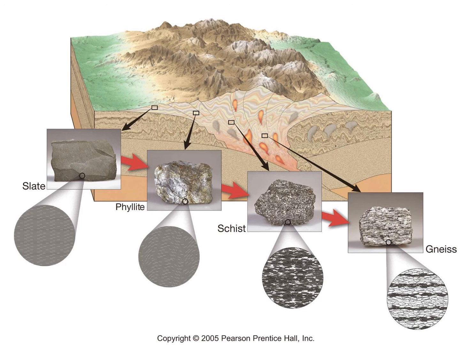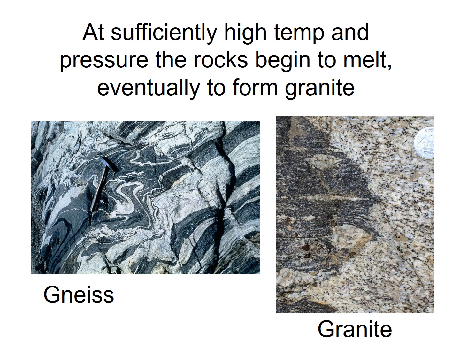Phyllite, schist and gneiss are at very deep levels. You can see the most defined foliation in gneisses. At sufficiently high temperature and pressure, the rocks begin to melt, eventually forming granite. So this is where the metamorphic rocks become igneous rocks. The rock cycle continues.